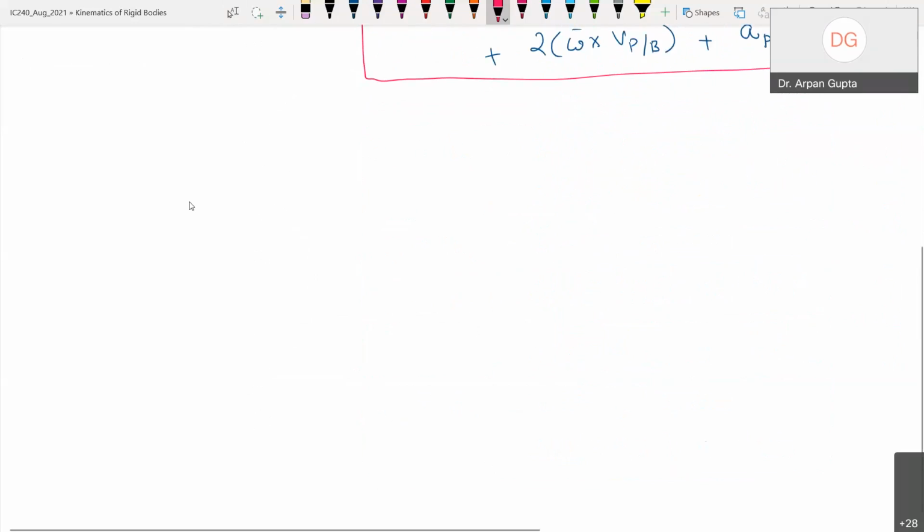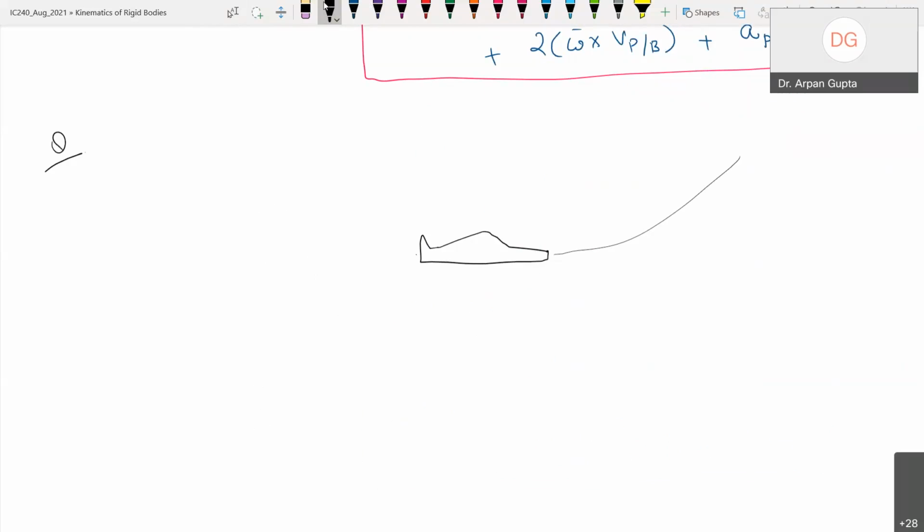Okay, so let us take one first example. Let's say we have two airplanes. One airplane is moving in a pure circular motion with a radius of curvature of, let's say, 400 meters.